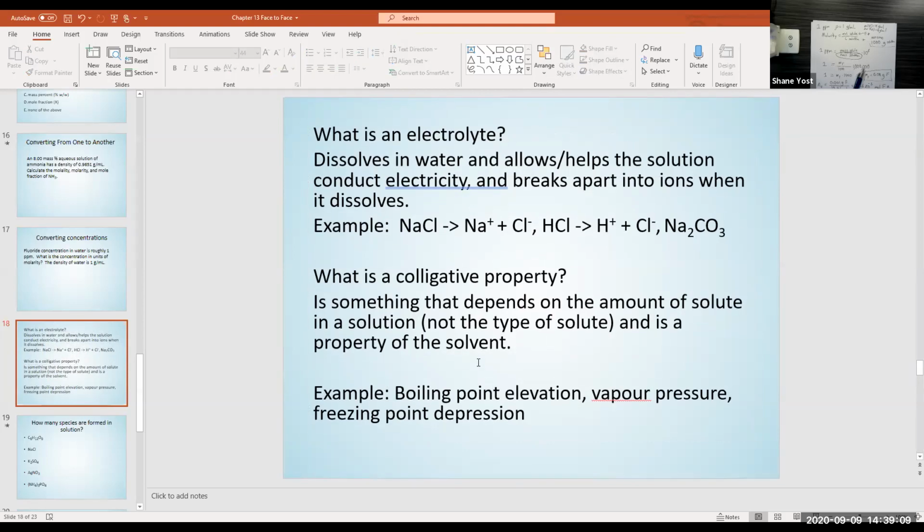And just to blow things up, colligative property is something that depends on the amount of solute you add to the solution, and is some inherent property of the solvent. Okay. So it's going to change some aspect of the solvent. The solvent has a boiling point, it has a vapor pressure, it has a freezing point.